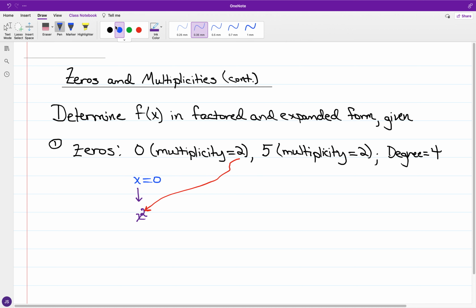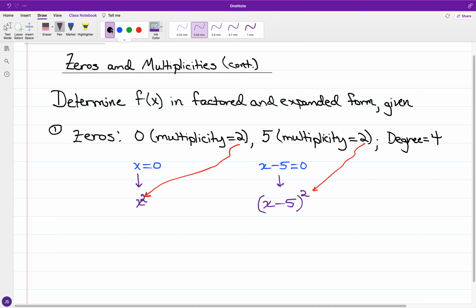In the case of the value 5, this originates from setting equal to 0 the binomial x minus 5. The factor corresponding to that zero is x minus 5. And since 5 has a multiplicity of 2, just like x moments ago, the factor x minus 5 is also raised to the second power.